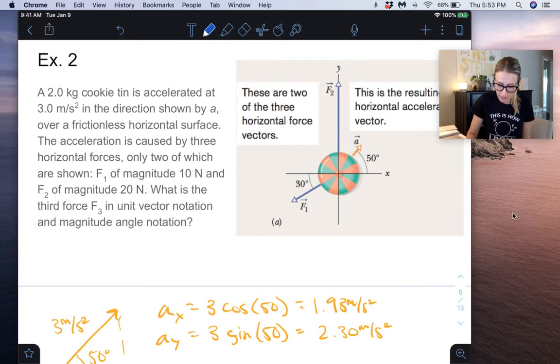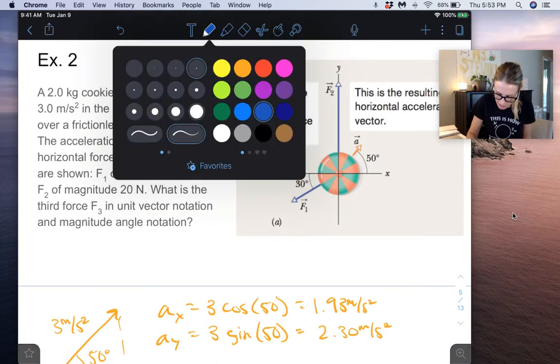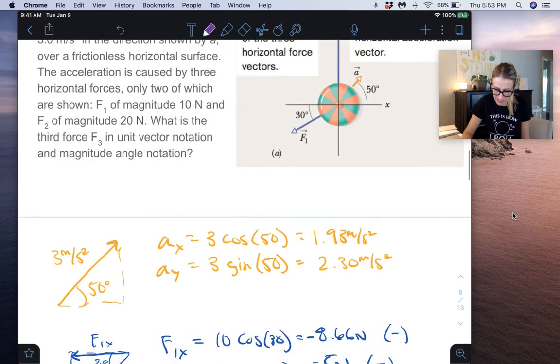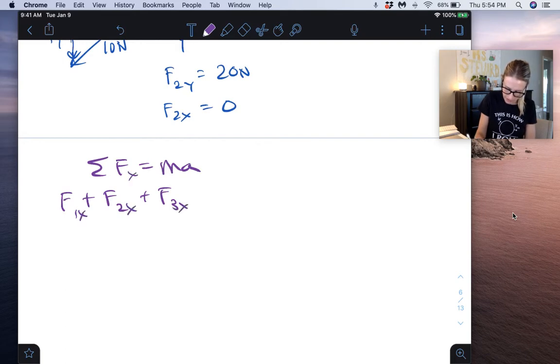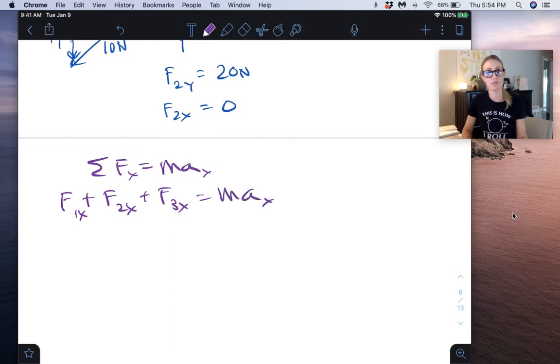In order to do that, we need to use Newton's second law in both the x and the y direction. Let's do x first. The net force is equal to mass times acceleration. The net force is made up of force 1 plus force 2 plus force 3, in the x direction. Our acceleration is a 2-dimensional acceleration.